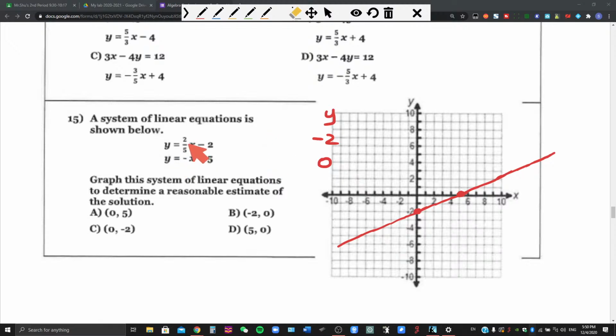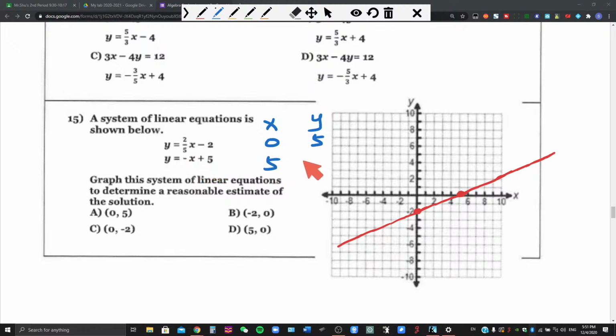And let's do the blue one. Again, we can do x is 0. When x is 0, negative x is also 0, plus 5, that's 5. And the other one, we can also do x is 5. When x is 5, negative 5 plus 5 is 0.